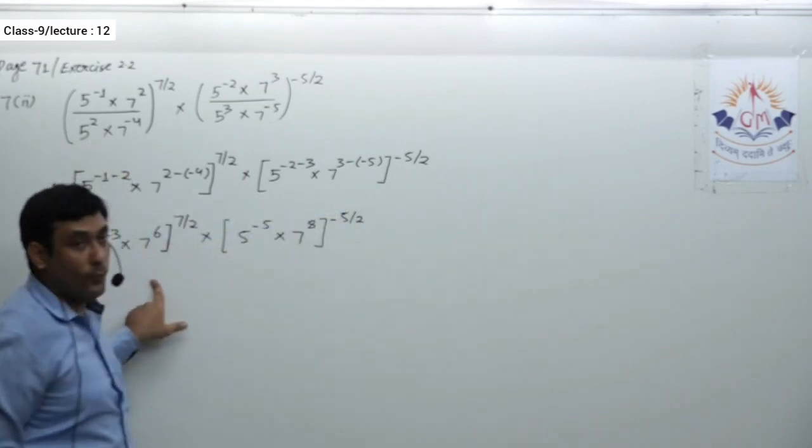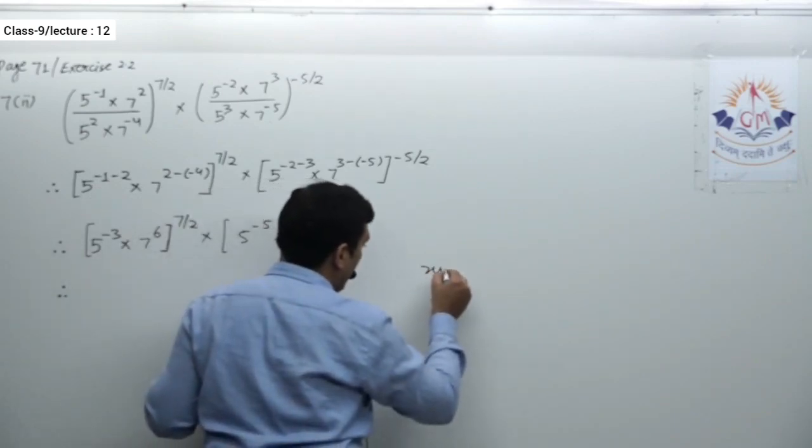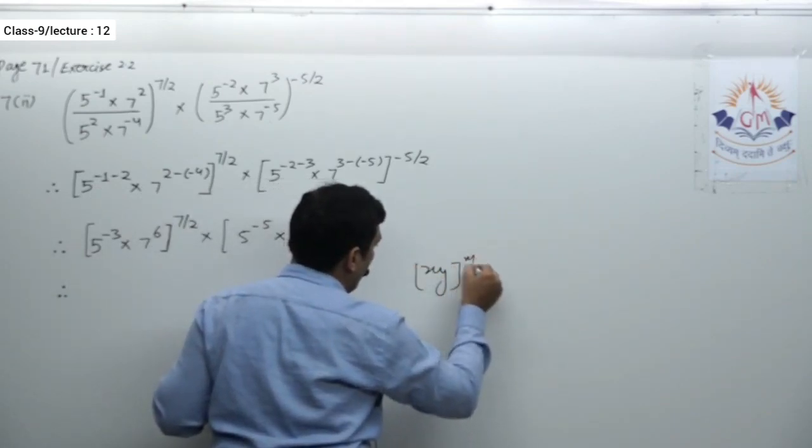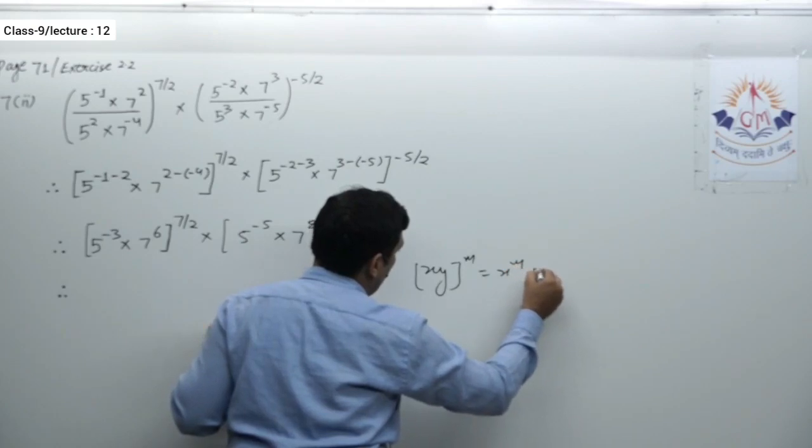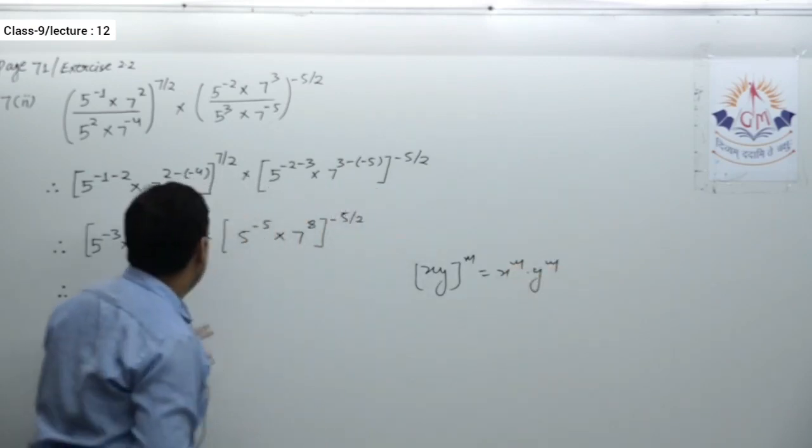Now again here I am going to apply another law. If we have xy raised to m, I write x raised to m into y raised to m. So this law I'll apply.